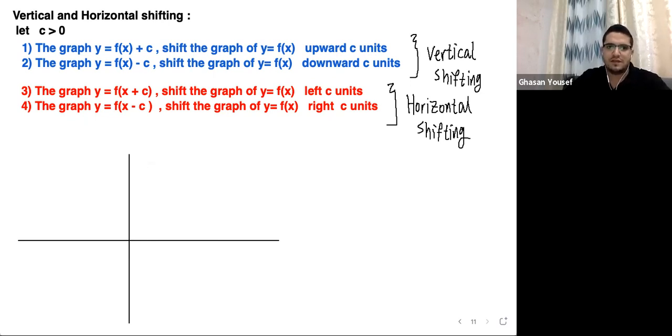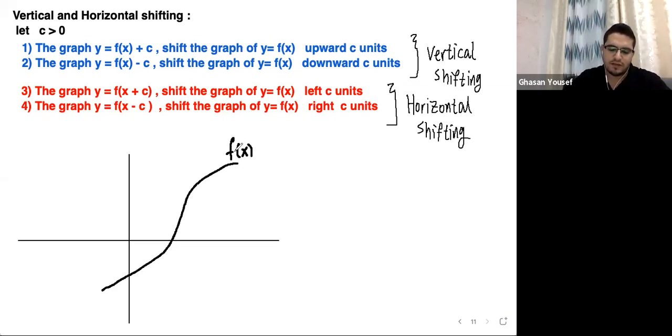So my function f of x is something like this. This is the function f of x without doing any shifting.